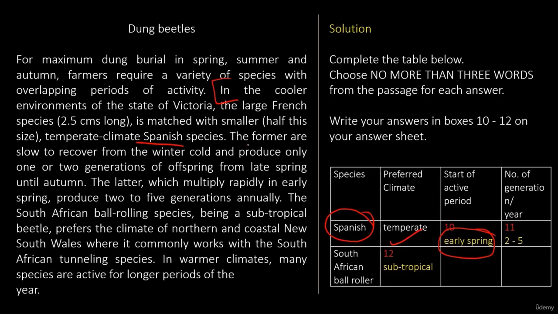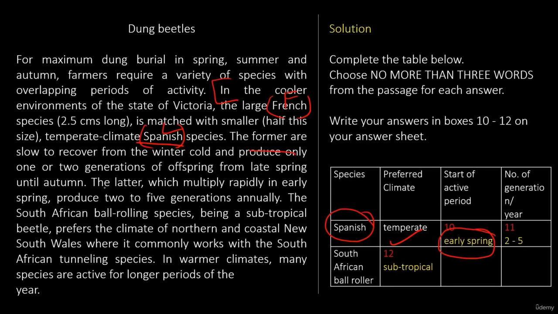The former means this is a way of writing former and latter. In the earlier sentence, we have information: former equal to first and latter equal to second one. So this is our former and this is our latter. That means first one and second one. So the former means French species are slow to recover from the winter cold and produce only 1 or 2 generations of offspring from late spring until autumn.